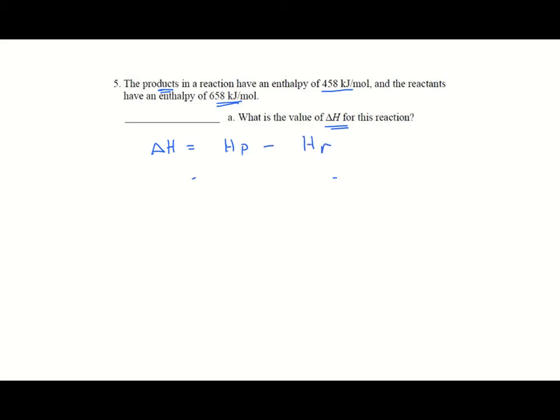Enthalpy of products is 458 kilojoule. Enthalpy of reactants is 658 kilojoule. So find the value of delta H. It's very clear that it will be minus 200 kilojoule per mole. This is the value of delta H, and don't forget to write the correct formula and the correct unit.